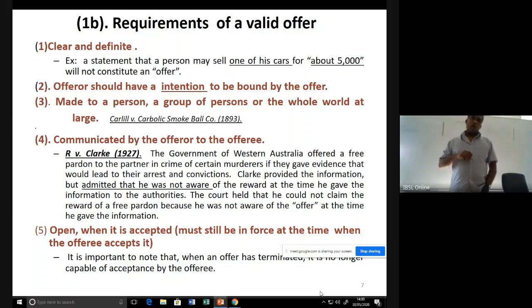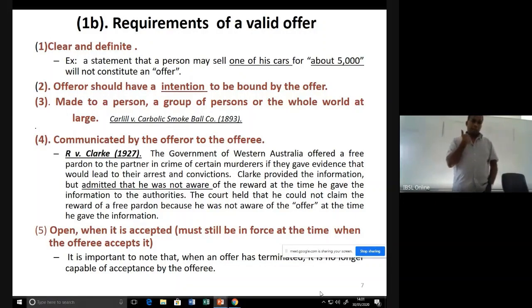However, he voluntarily made the information available to the police. Based on the information, police caught the others. Later, Mr. Clark got to know that there is a pardon like this. Then he said, okay, I have now provided you the information, so therefore give me the pardon.